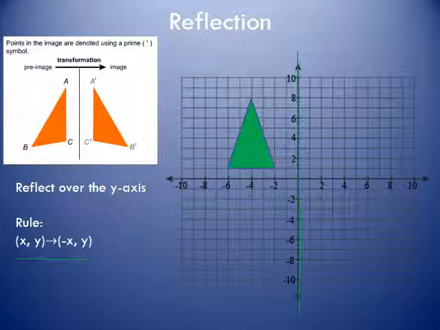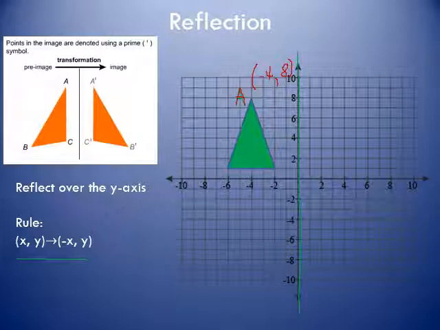So for example, I'm going to call this one A up here. And I don't think that green is great, so I'm going to change over to red. Perfect. So we're going to call that A, and its coordinate is -4, 8.